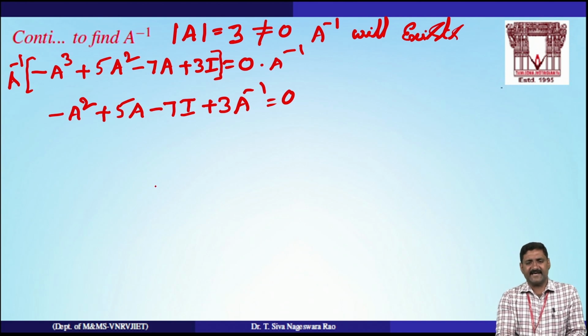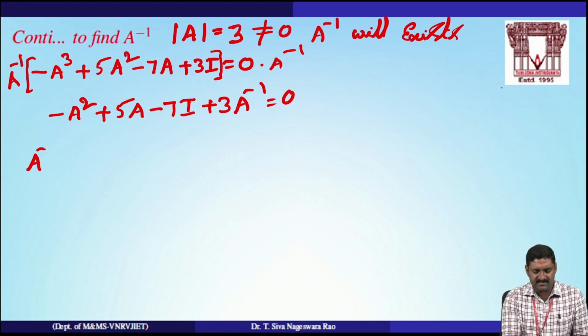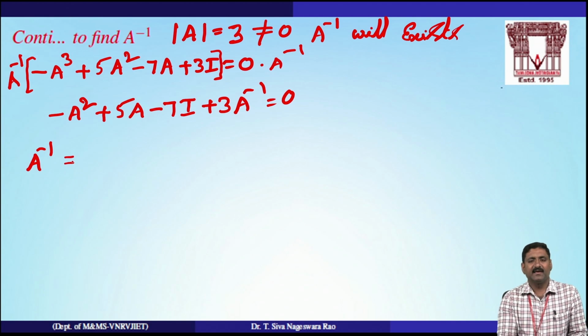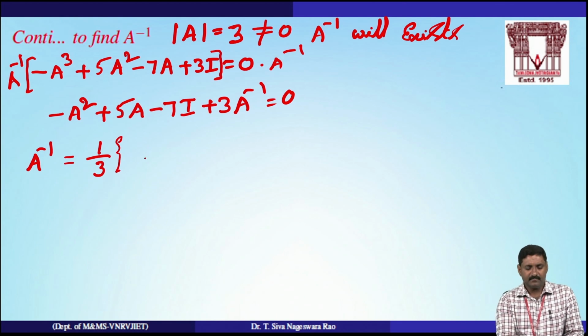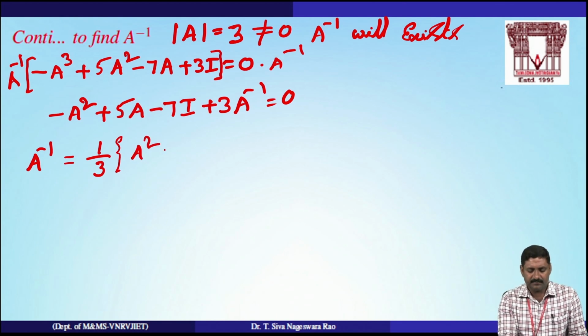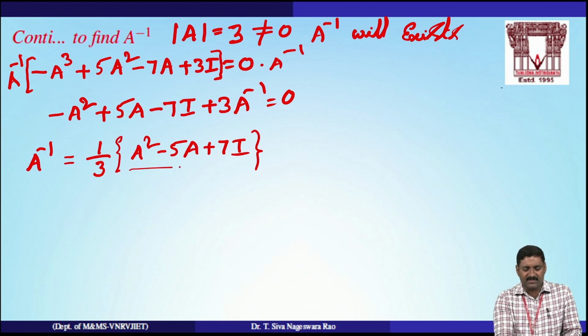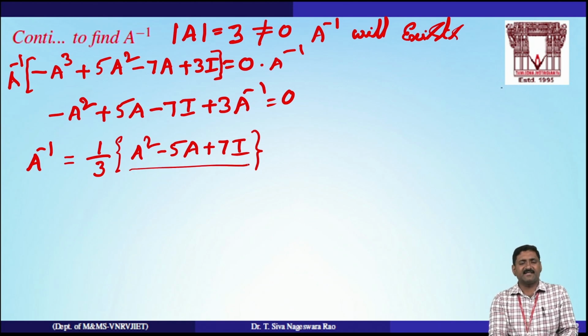Now make A inverse the subject. Here A inverse is equal to 1 by 3 multiplied by A square minus 5A plus 7I. Here we will substitute the given matrix, capital A, multiplied by I. Anyway, we calculated the A square value previously. Substitute this value here.